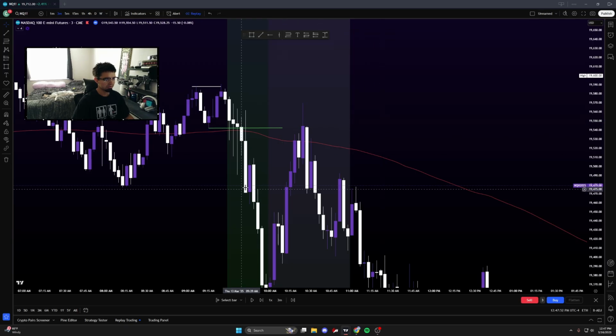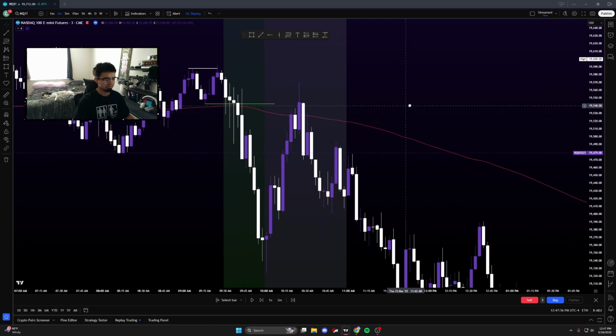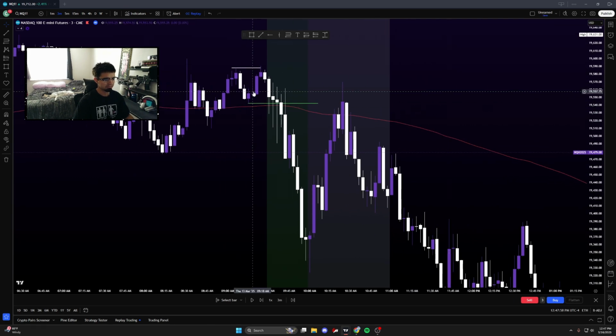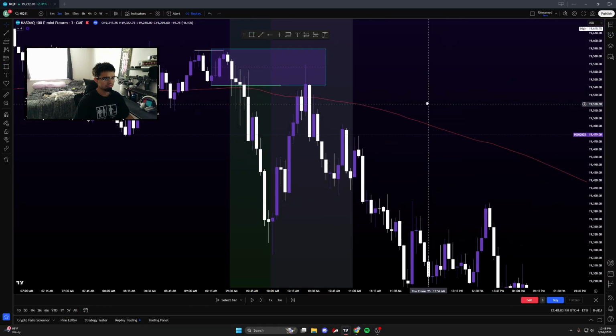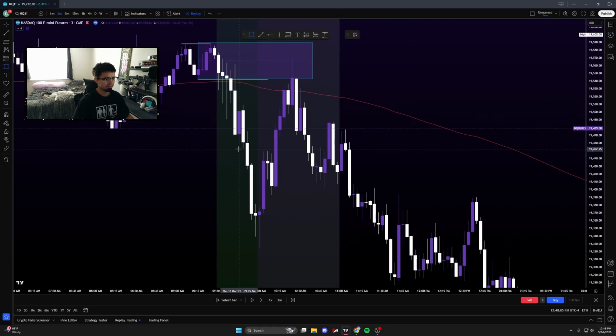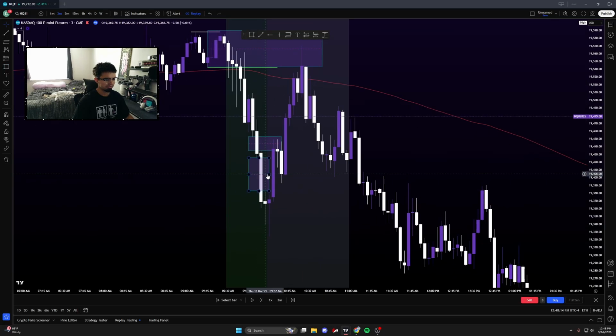And now what are we looking for? Respecting confluences. All right. So what do we see within here? We see this order block, right? We see this fair value gap, right? And we see this fair value gap right here, okay? But here's what happens.